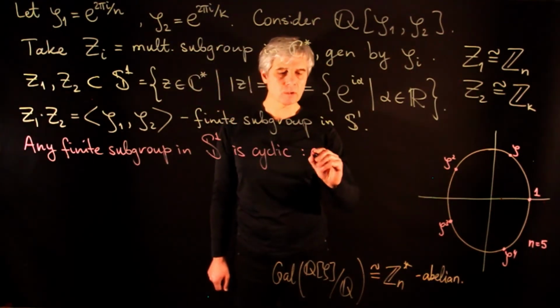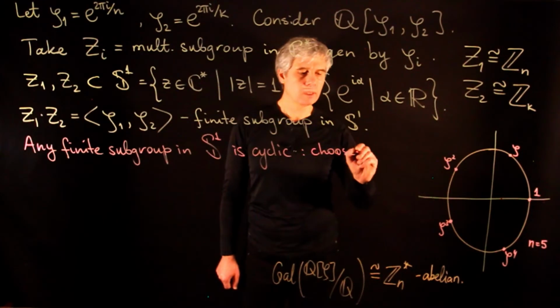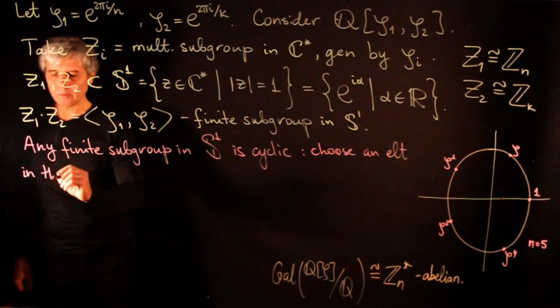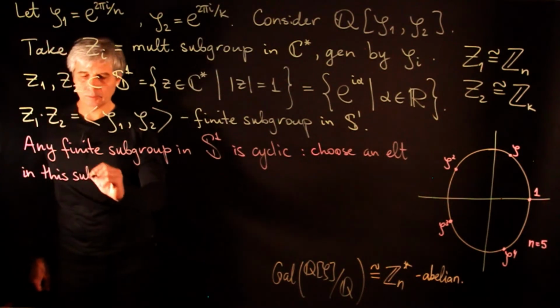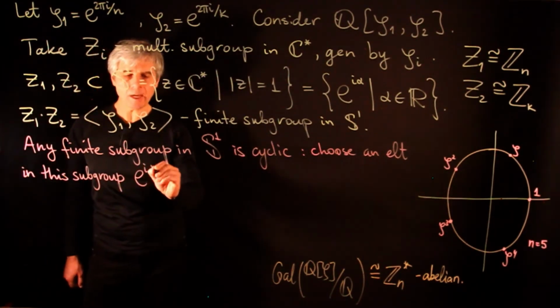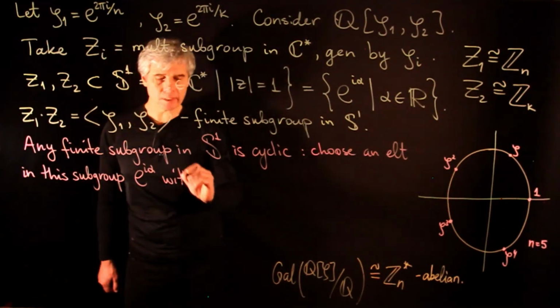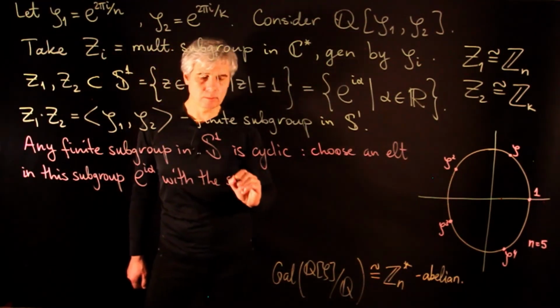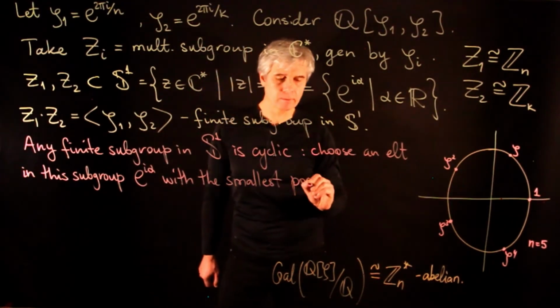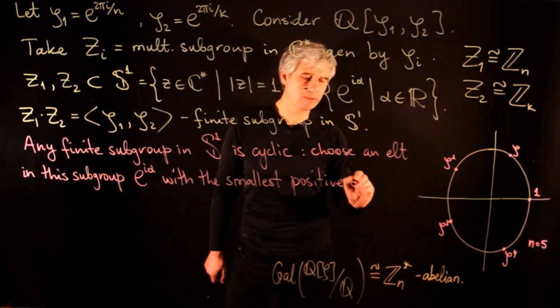To prove this, choose an element in this subgroup, so e to the i alpha with the smallest positive alpha.